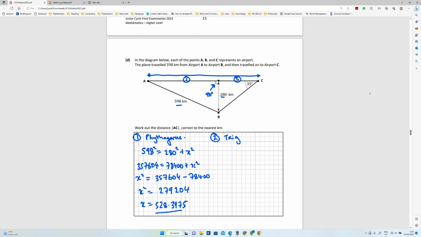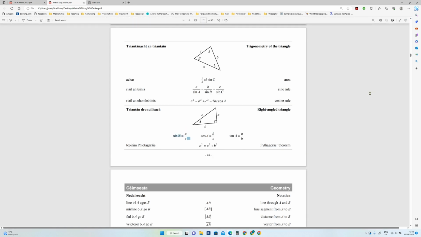Now for the trig part, I have this distance here, so this is my angle, and the opposite side is what I have. I need this one, number 2, so if you go back to your log tables, I have this one here, and I need b. I have a and I need b. I don't care about the hypotenuse. So a over b is the tan function here. That's the one I need to use.